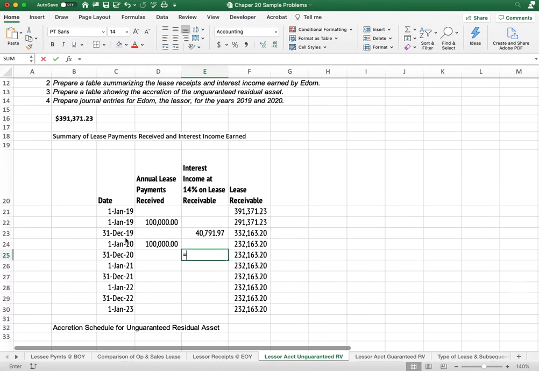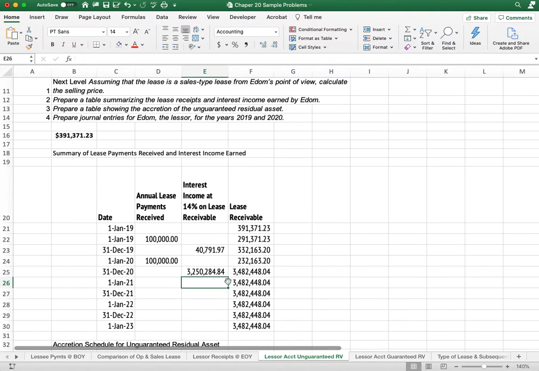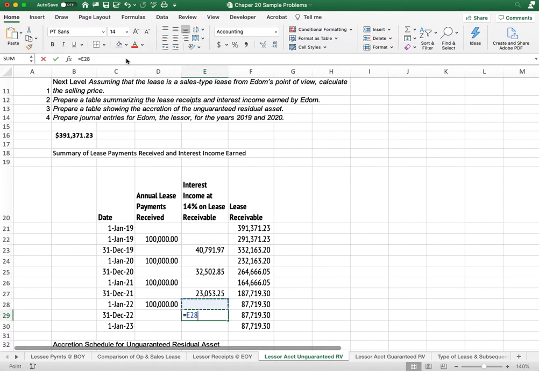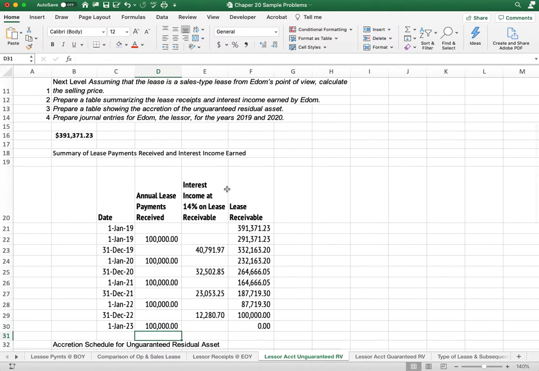We can just continue on with this pattern of multiplying the previous balances by 14% and then putting in our payments of $100,000. And we can see that that puts us to a zero balance at the end of the table, so that's a good sign.